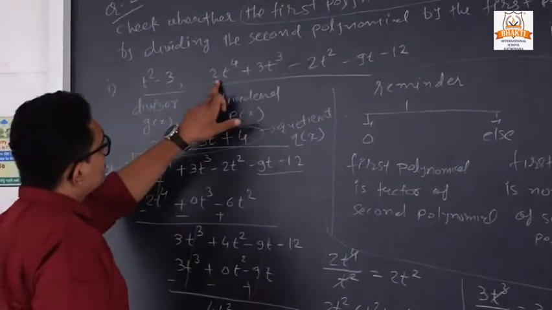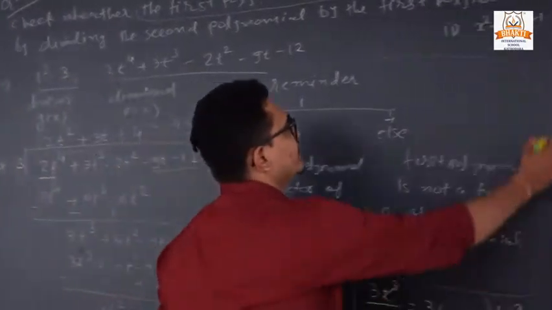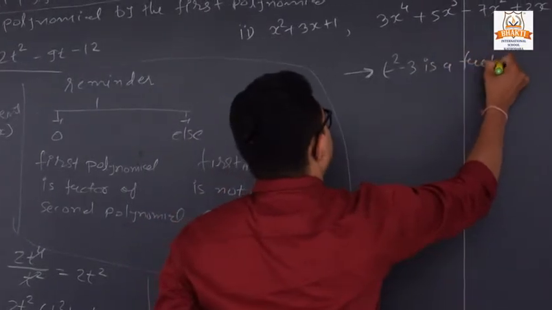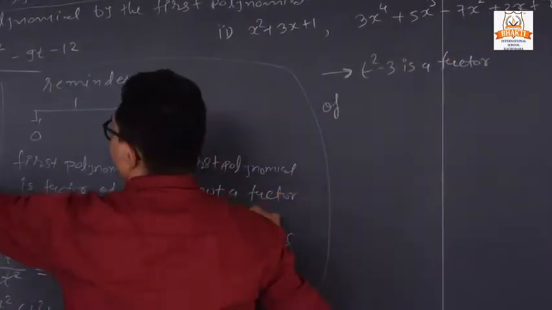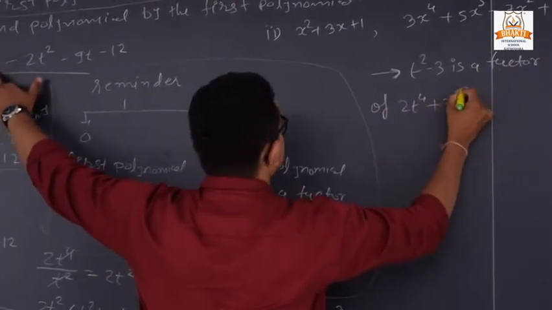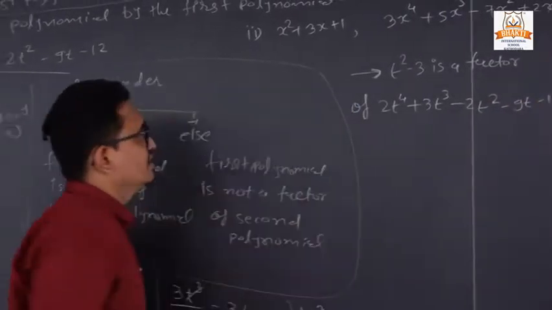It is our 2. So t square minus 3 is a factor of that polynomial 2t square plus 3t cube minus 2t square minus 9t minus 12.